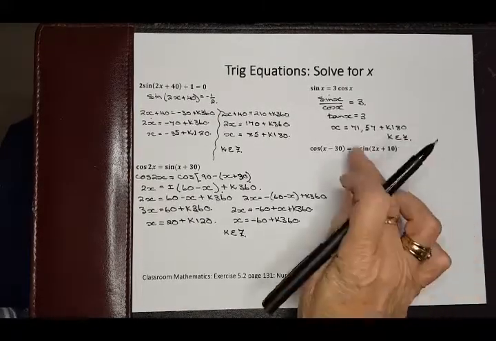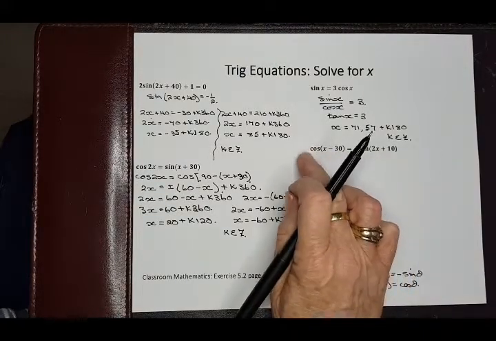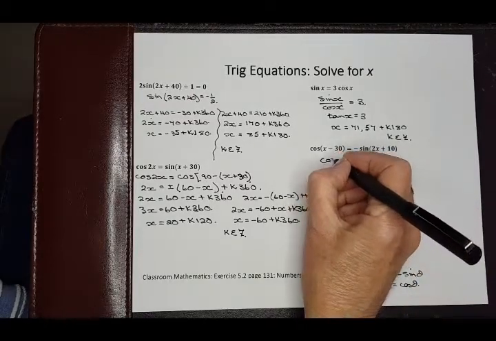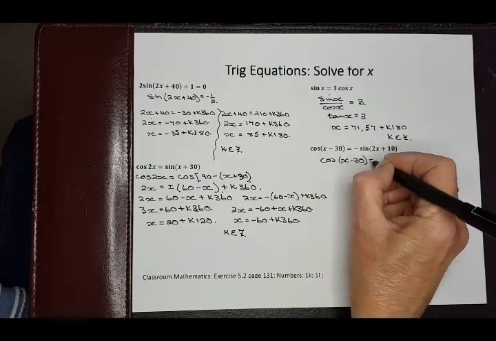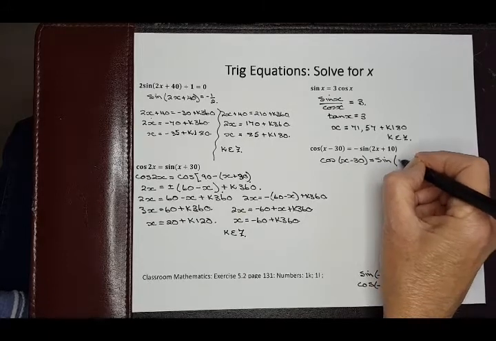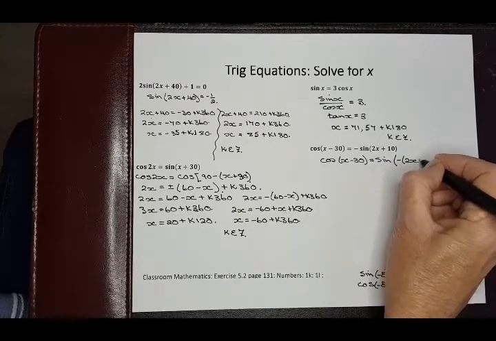So it's really important that we always use that minus in front of the sine, never in front of the cos. So here I'm going to get that cos of (x - 30) is going to be equal to sine of (-2x + 10).